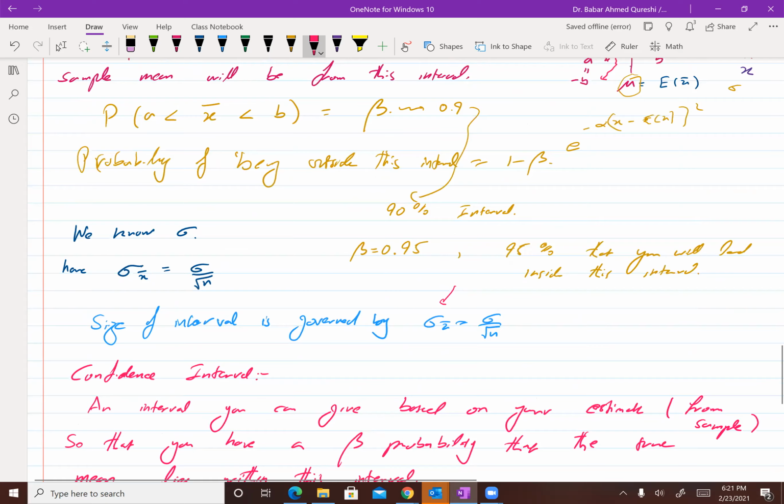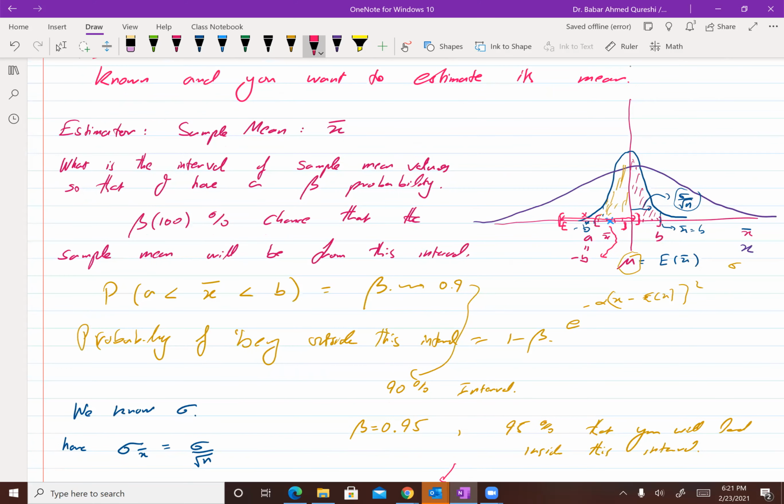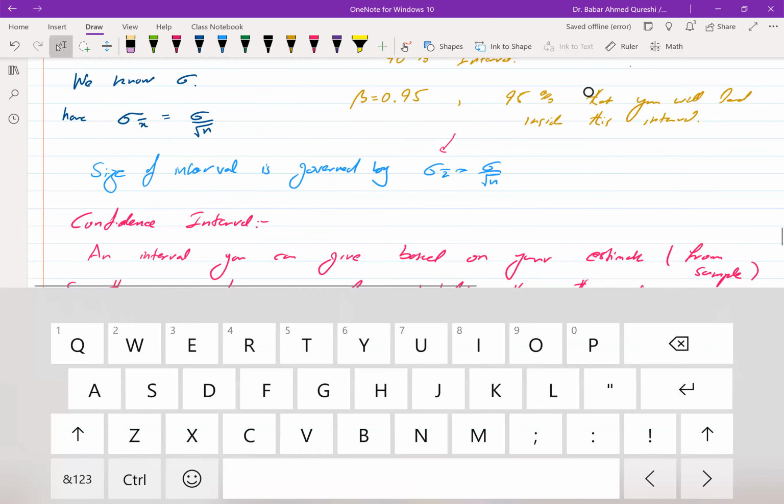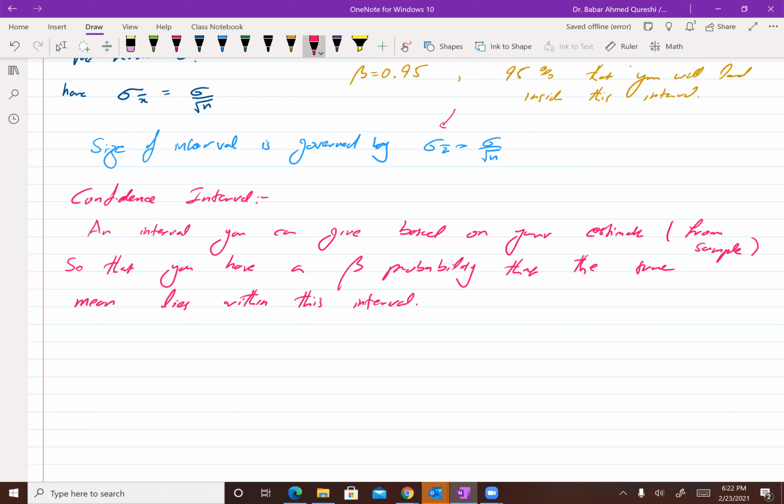Because every time you land at different values, and doing one sampling doesn't tell you how far you are from the mean, how close you are to the mean. All you can do is make probabilistic statements. So because of what we just discussed, you can give an interval. You say that I got a particular value, let's say theta.